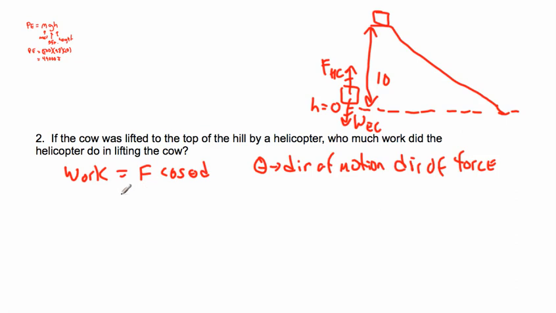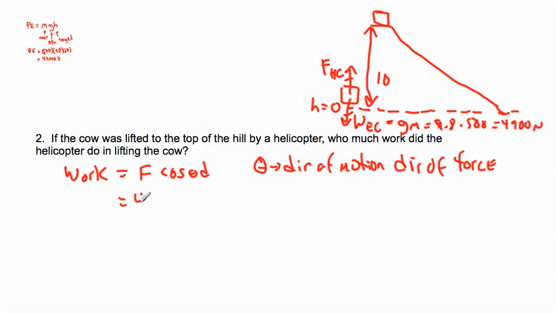So let's take a look at this situation of lifting the cow. The amount of force will be whatever the weight of the cow is. That's going to be g times m equals 9.8 times 500 kilograms equals 4,900 newtons of force.